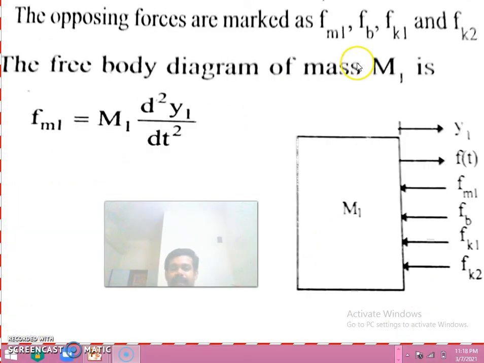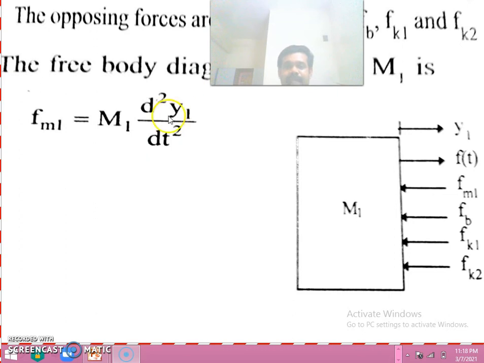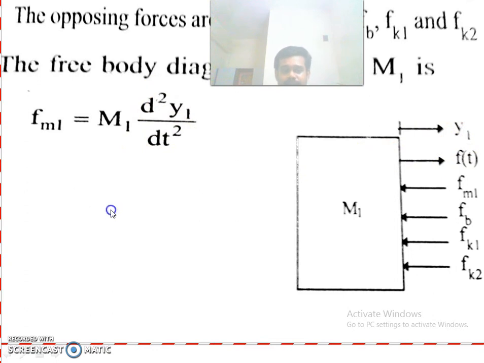Now again we are going for the free body diagram of M1, and we are going to write the opposing forces and applied forces which are acting on M1. So the opposing force due to the mass M1 is nothing but M1 into d square y1 by dt square. Then Fb is nothing but B into dy1 by dt.